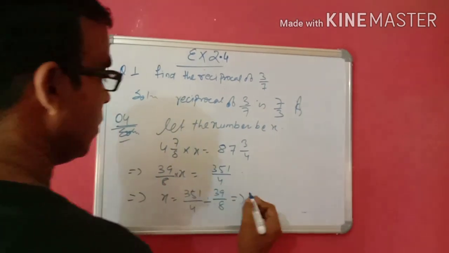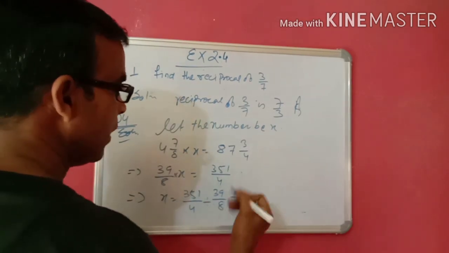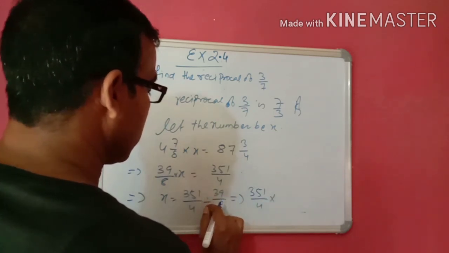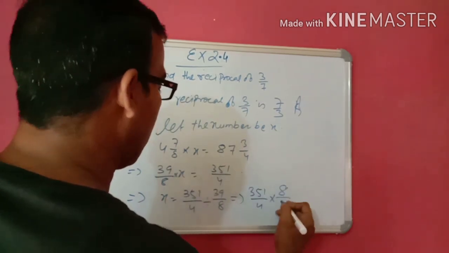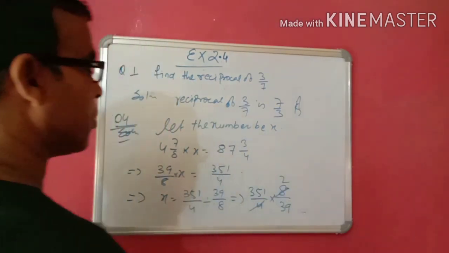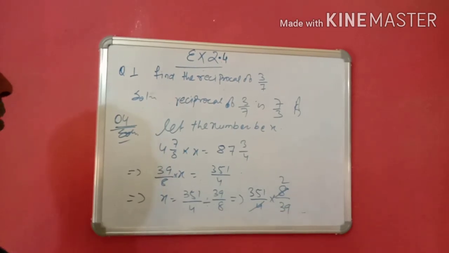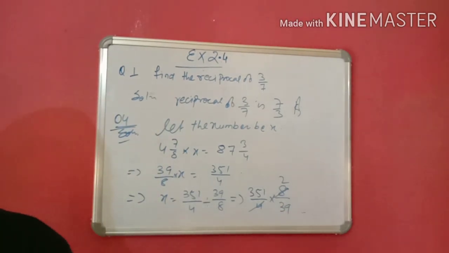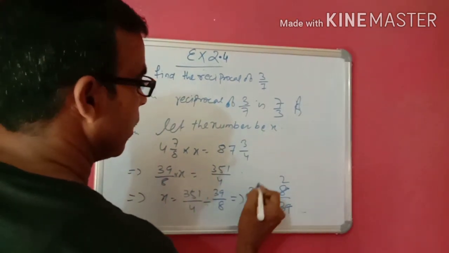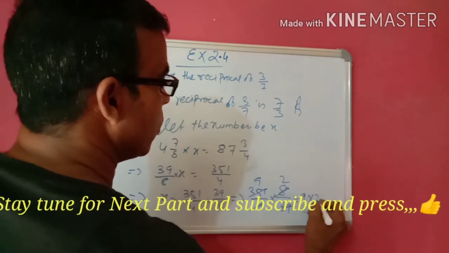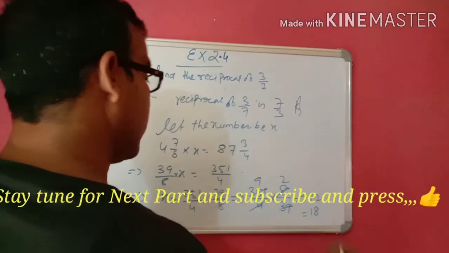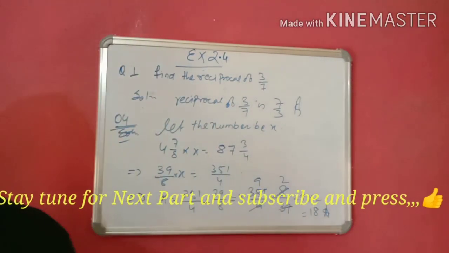Reciprocal means change the sign, so the divide sign becomes multiply: 8 will go up and 39 will come down. So this is 2, and now it will go by which table? 9, because 9 9s are 81. Yes, it will go by 9. Therefore 9 into 2 is 18. This is your required answer.